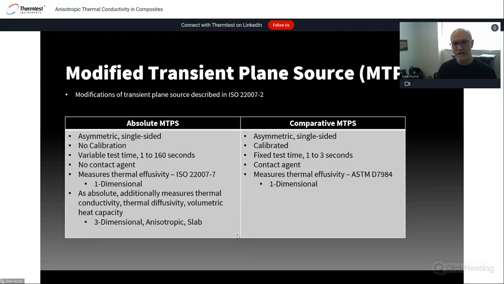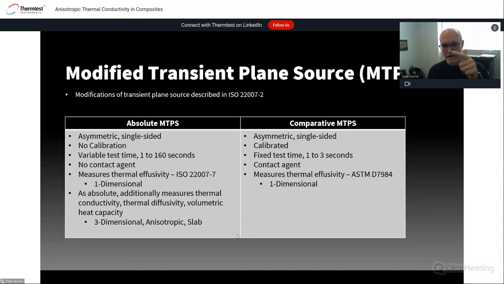So in addition to that, the ISO 22007-2, and I'll just refer to it as the ISO, it is able to measure other configurations and directions. So three-dimensional is bulk. That's what's described in the ISO for the absolute method. So this MTPS sensor is able to measure bulk properties, or an average, as well as anisotropy.